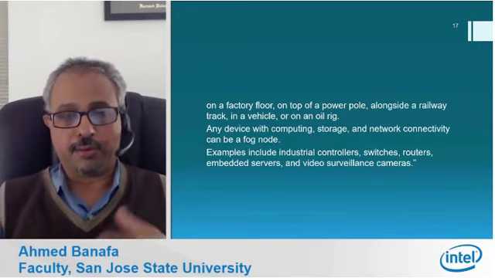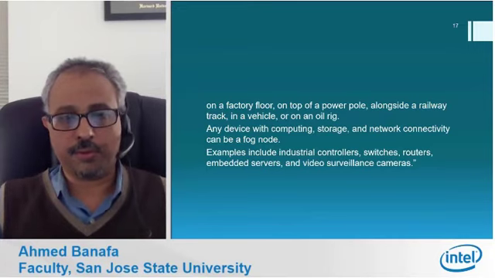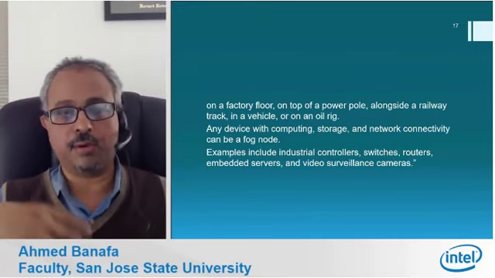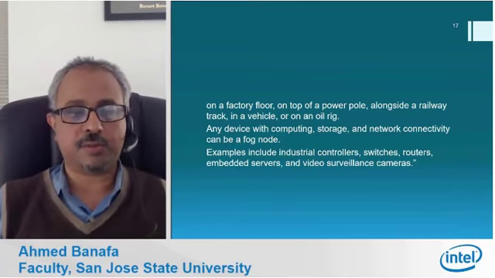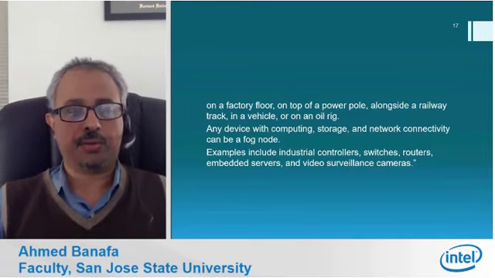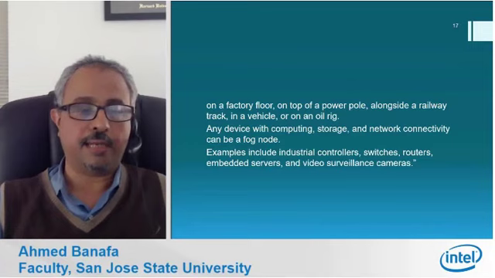On a factory floor, here are some of the real applications. On the top of a power pole, alongside the railway track, in a vehicle, on an oil rig. Any device with computing, storage, and network connectivity can be an edge or a fog node. So this is how we define it: computing, storage, and network connectivity.